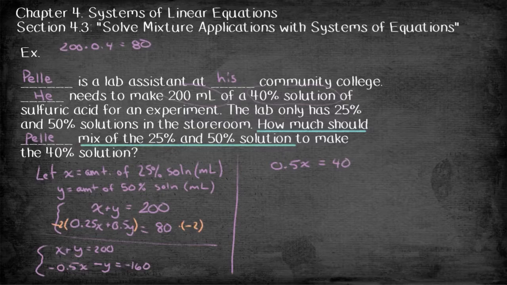And 0.5x equals 40. So x would be equal to 80 milliliters, which means y has to be 120 milliliters.